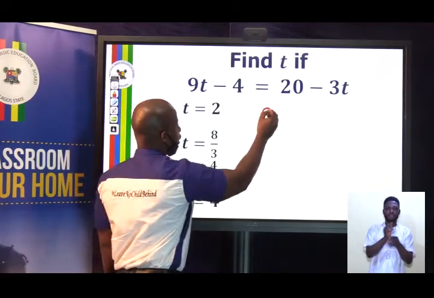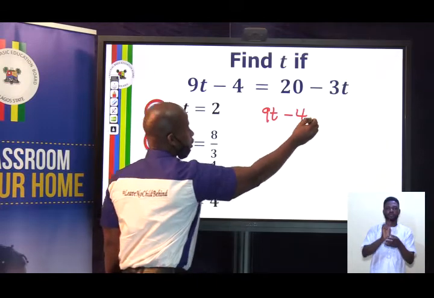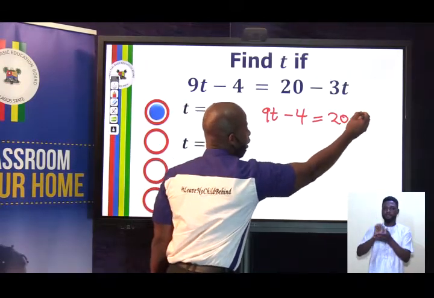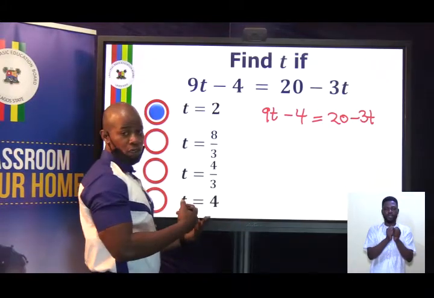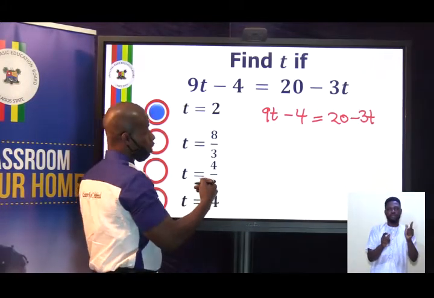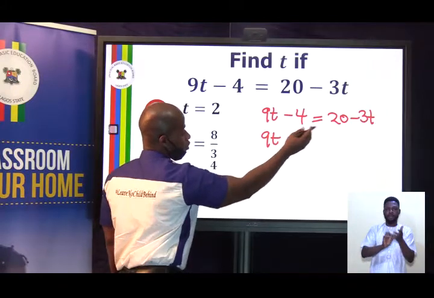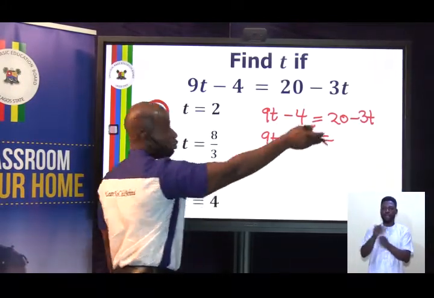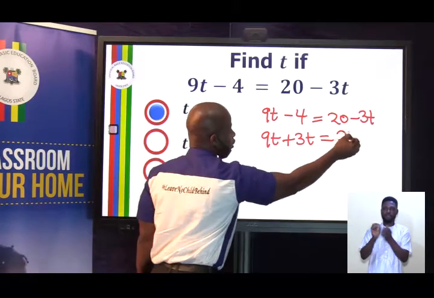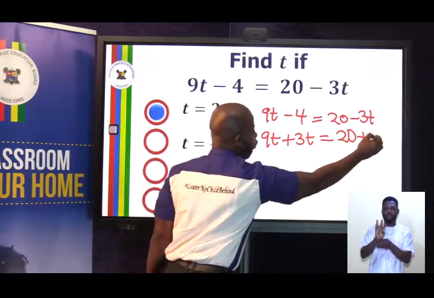Now, 9t minus 4 is 20 minus 3t. So I just bring all the algebraic terms, the ones that have t, to the left, and you have 9t, minus 3t becomes plus 3t. Now on the right, I take all the numbers. I have 20, then minus 4 becomes plus 4.